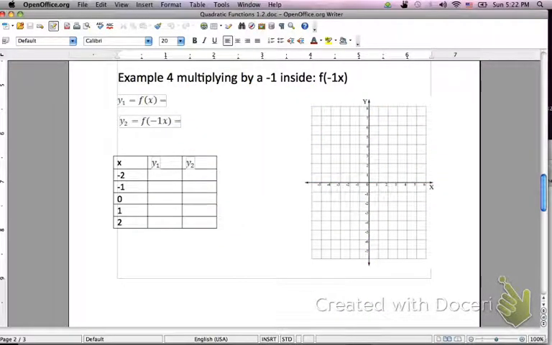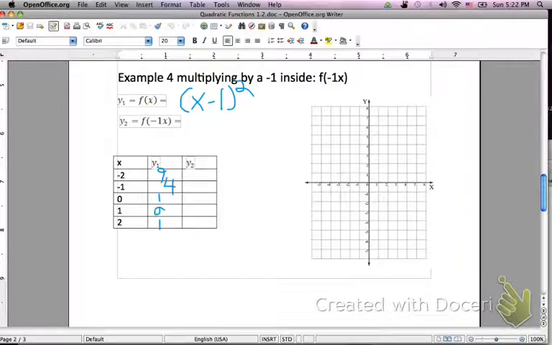So now let's look at how multiplying x times a negative 1 will transform the function. Well, let's do a different y1 again. Let's do x minus 1 squared this time. So a negative 2 minus 1 would be a negative 3, which would give me 9. Negative 1 minus 1 would be a negative 2 squared, which is 4. 0 would be 1, 0, and 1.